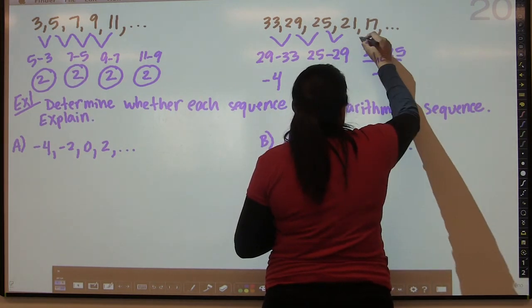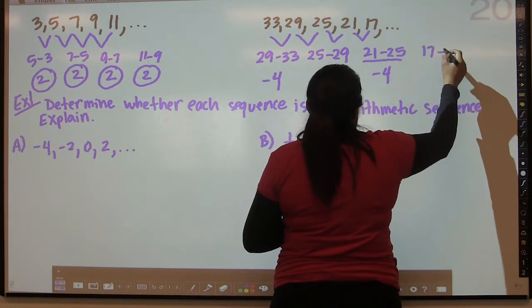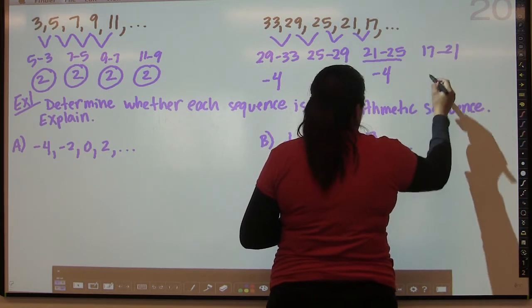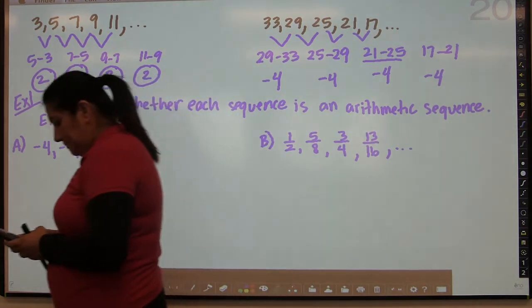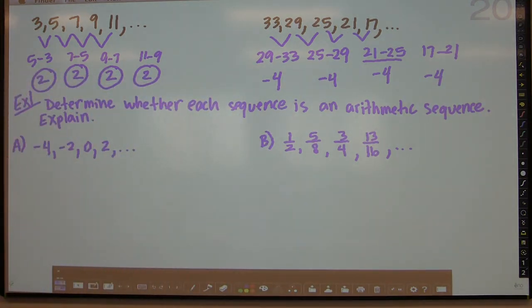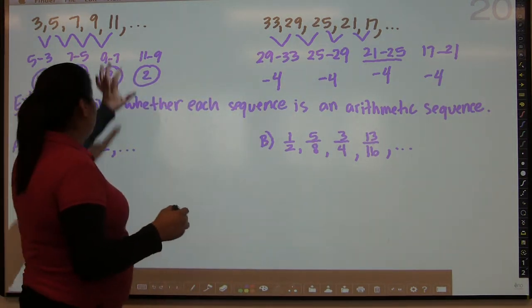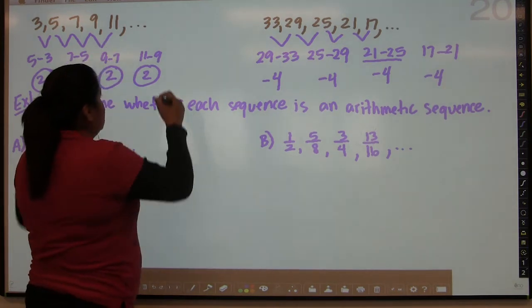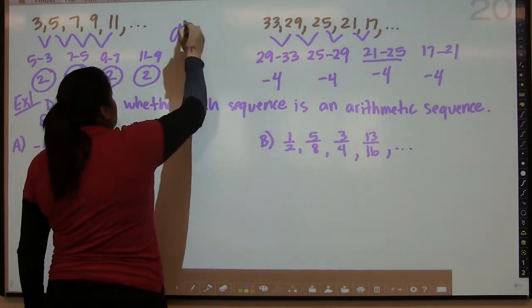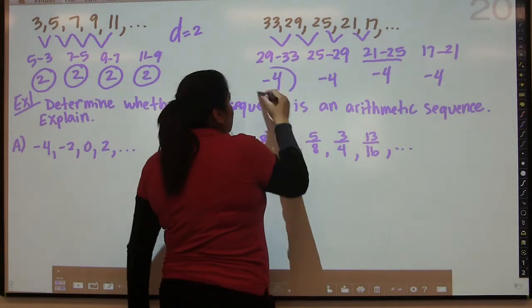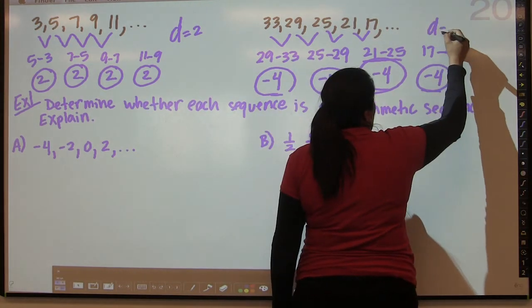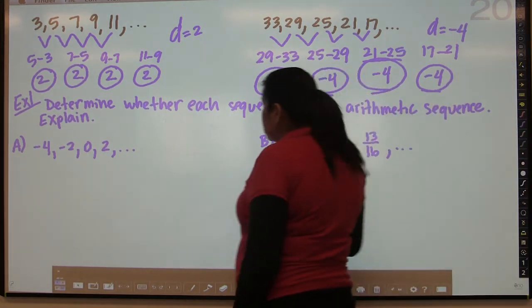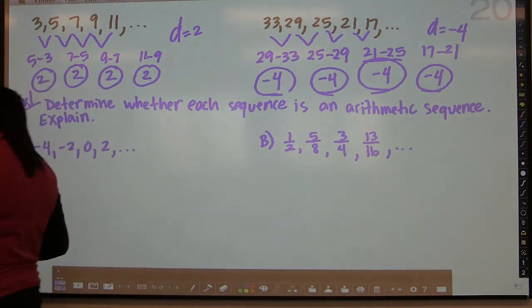And then of course 17 minus 21, also negative 4. Okay, so for this first example, the common difference d would be 2. And since these were all negative 4, the common difference for this one would be negative 4. So the common difference can be negative or it can be positive.